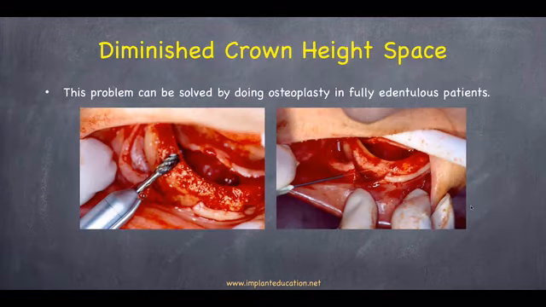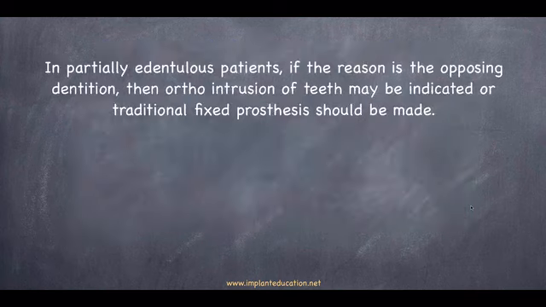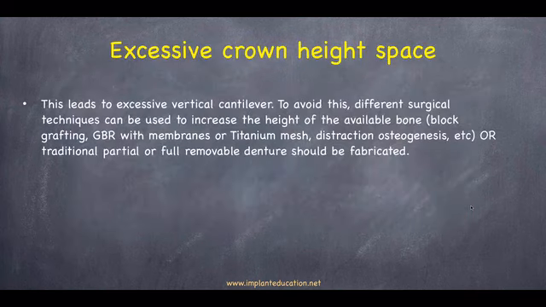When you have too much bone, that's obviously a very easy problem to handle. You simply do alveoloplasty just before you place the implants. But when we don't have adequate height, when we don't have enough vertical restorative space, then you would have to do a bone grafting procedure, either simultaneously, or when it comes to vertical bone gain, obviously you have a better chance by doing this as a first stage before implant placement.